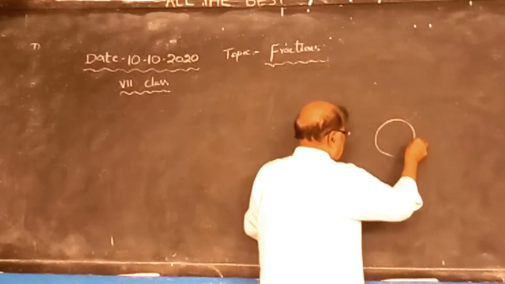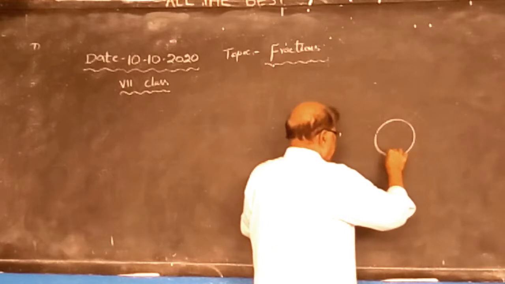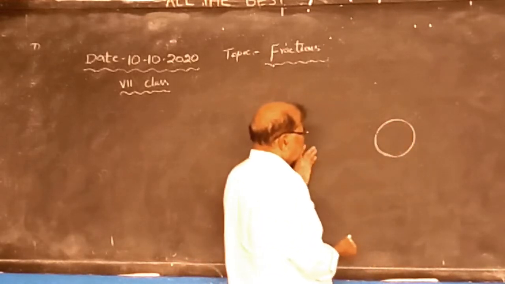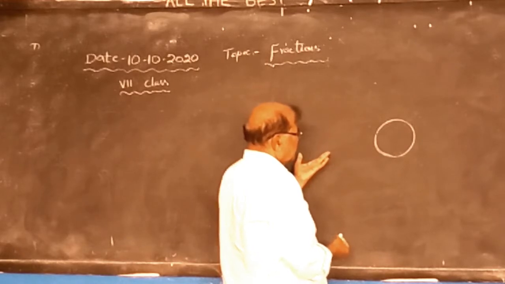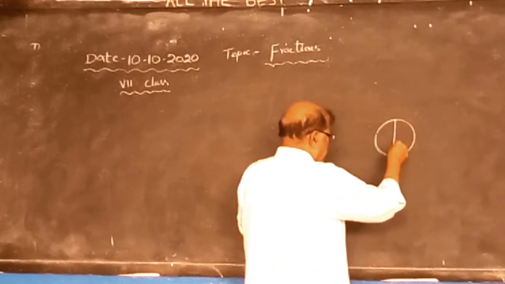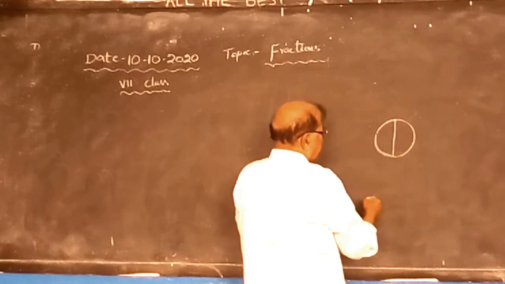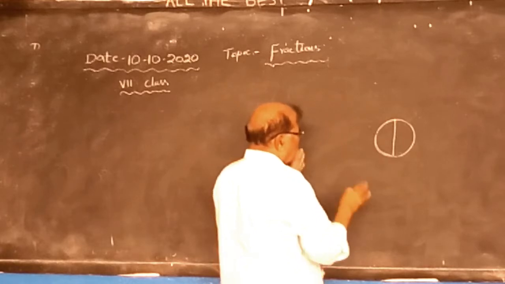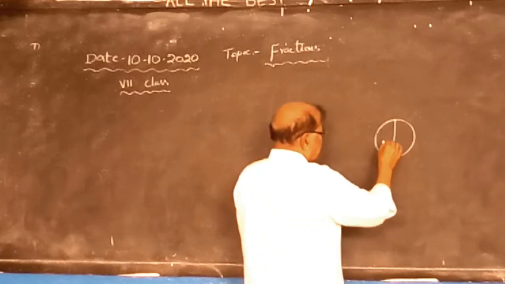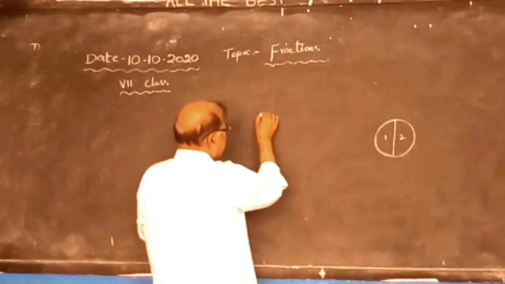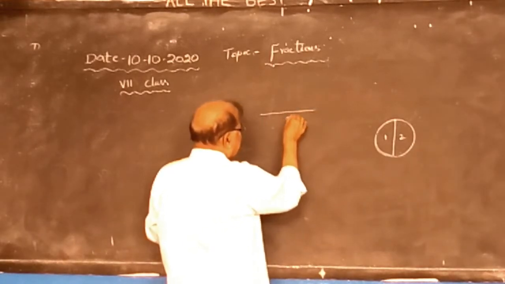See, there is a roti. This is a roti, it's a bread. So you want to distribute it to two children equally. So the important thing is how many parts are made. Two parts are made. It is represented in the place of the denominator.